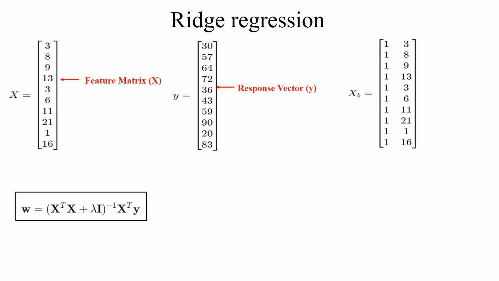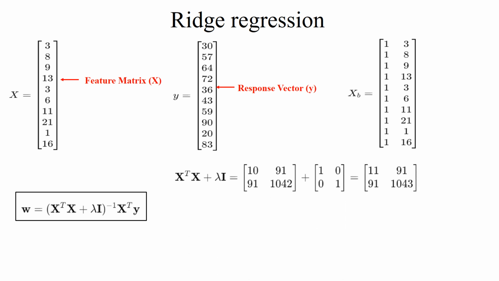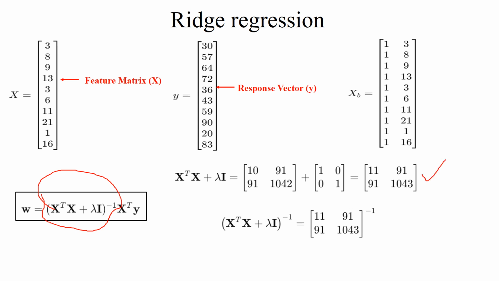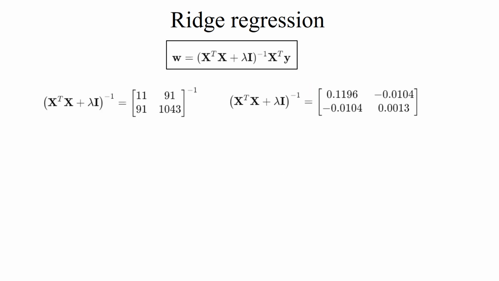Now, the next step is to apply the inverse to this matrix. When we apply the inverse, we get a value like this. So this is the final value of it.